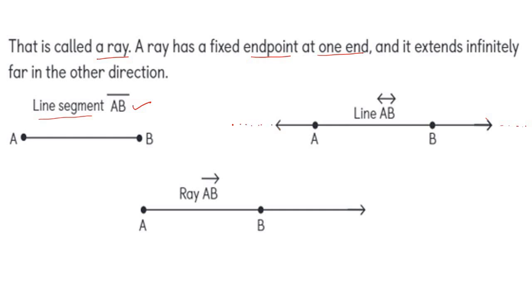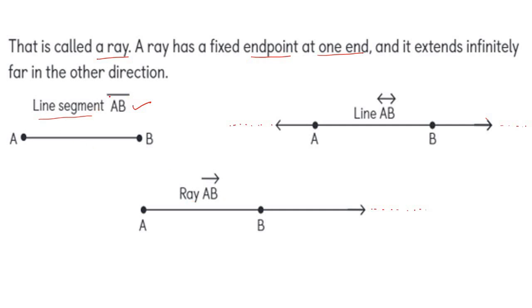And it is called as line AB. And this is called ray, which has only one end point and extends infinitely far in the other direction. It is called as ray AB.